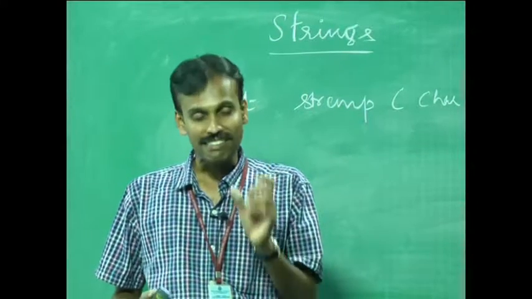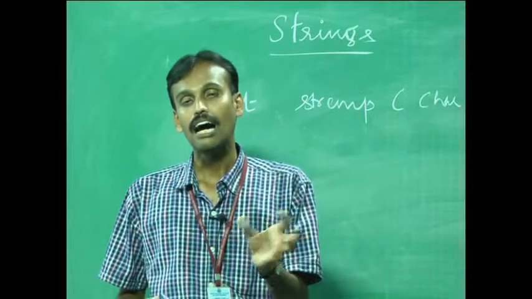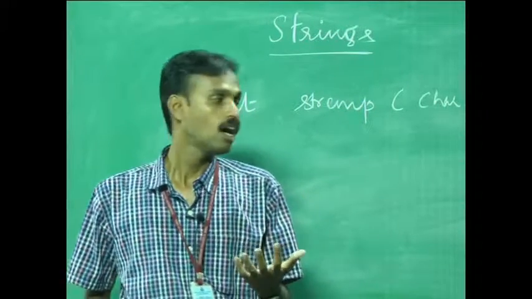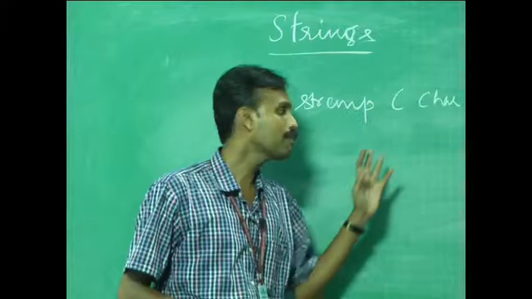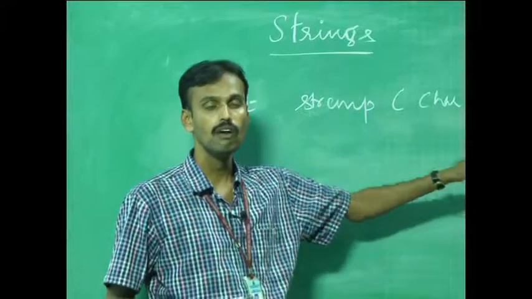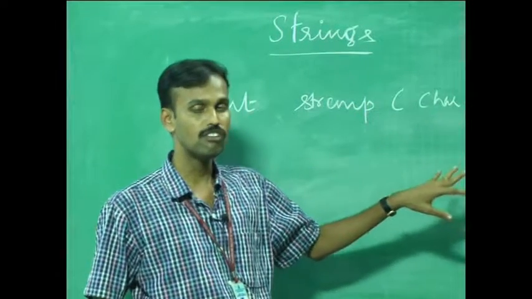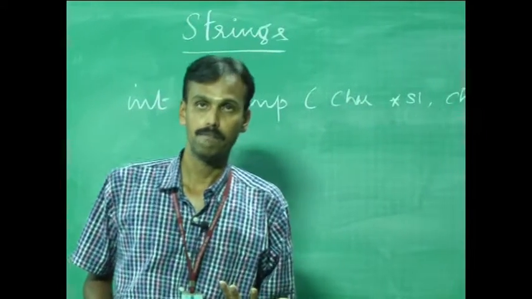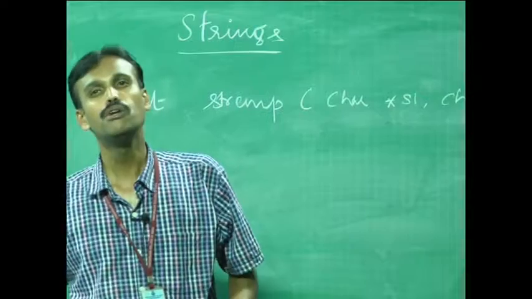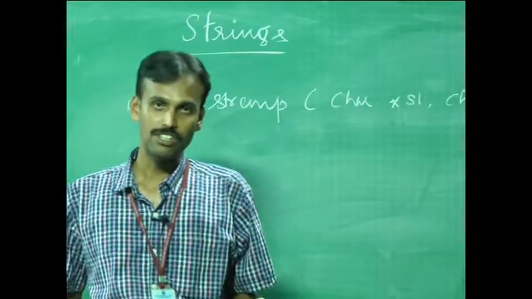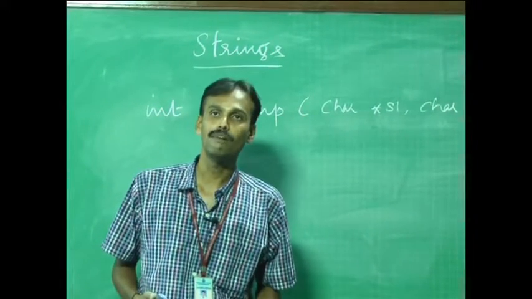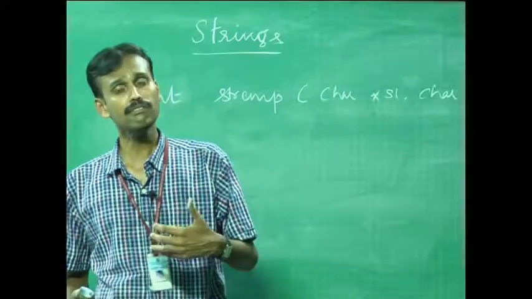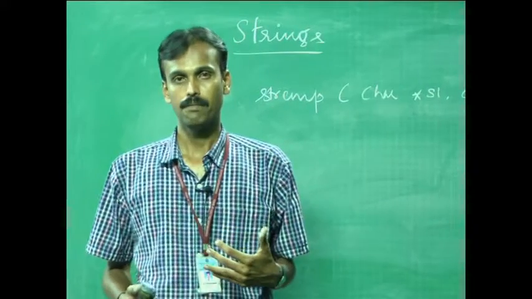The return values are the same as above: a negative number when s1 is less than s2, 0 when s1 and s2 are equal, and a positive number if s1 is greater than s2. Apart from this, we do have several search functions, and you can also have some memory functions which are worth studying in C programming.